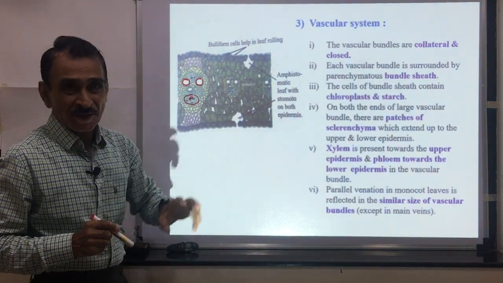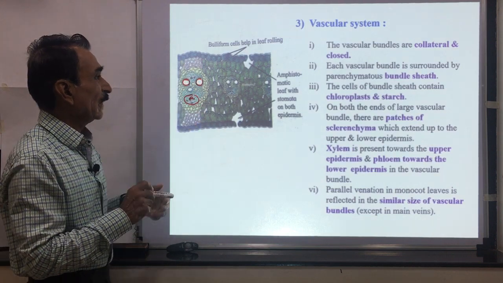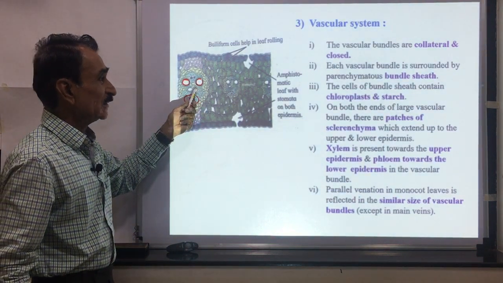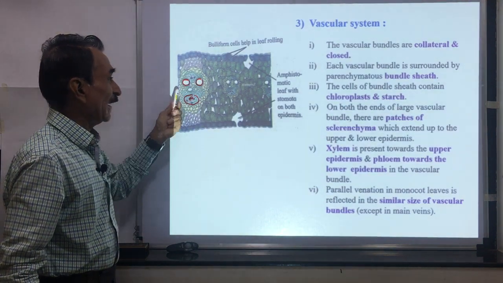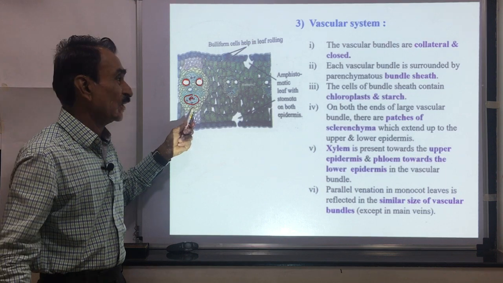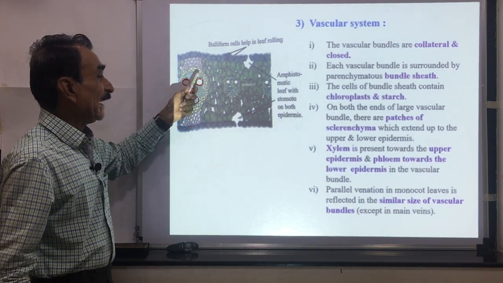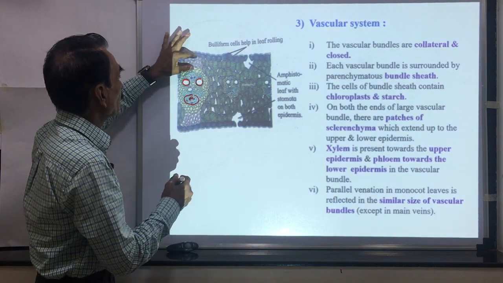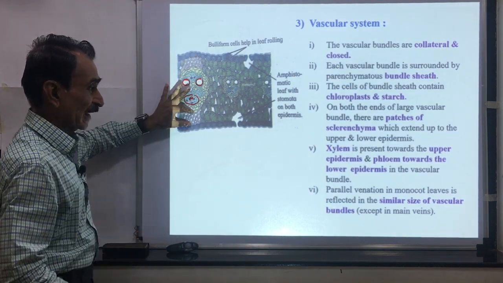Third part, vascular system. The vascular system consists of collateral and closed vascular bundles. The vascular bundle is surrounded by a parenchymatous bundle sheath, which contains starch and chloroplast. On both the ends of vascular bundles, there are patches of sclerenchyma.